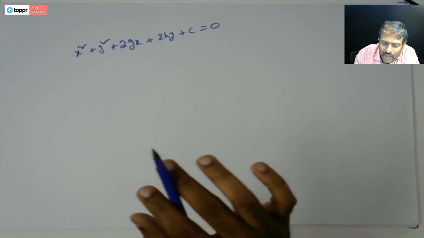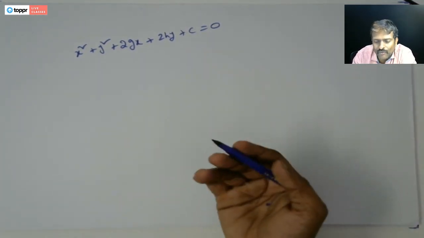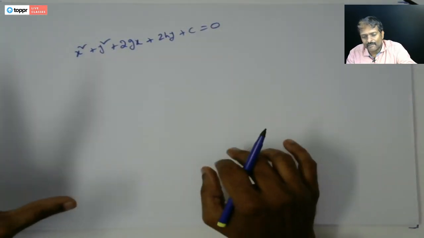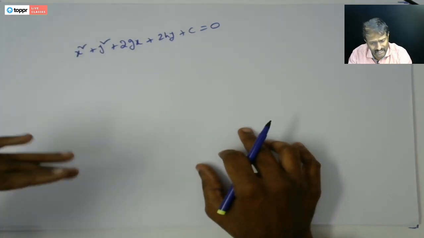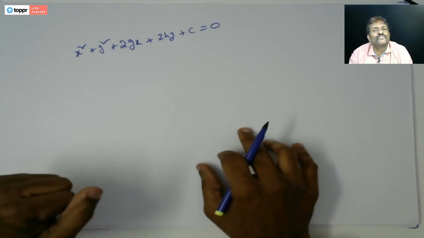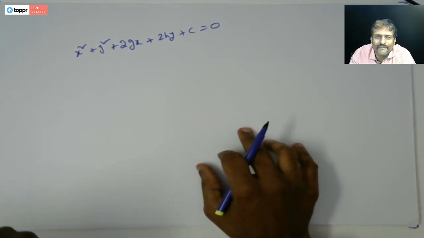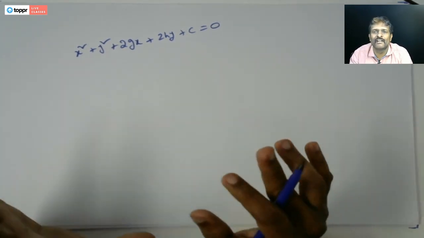Now how can we find out the radius from this one? Like if I want to find the radius of the circle, now this is an equation given to us. Say suppose a random equation is given to us, say x square plus y square plus say some 6x plus 5y plus some 8 or something is given, and they ask us to identify the radius of the circle. So how do we find the radius of the circle when an equation this way is given? Like it is not given in the standard form.